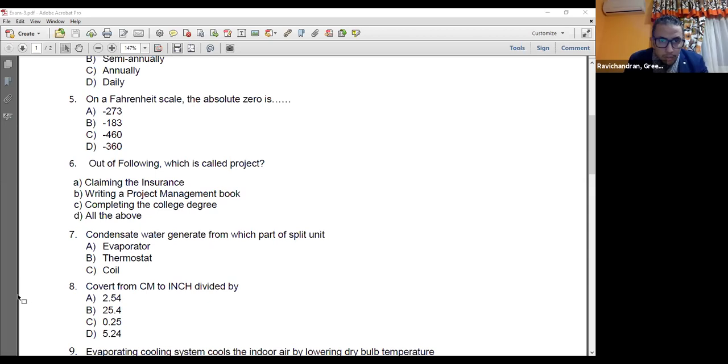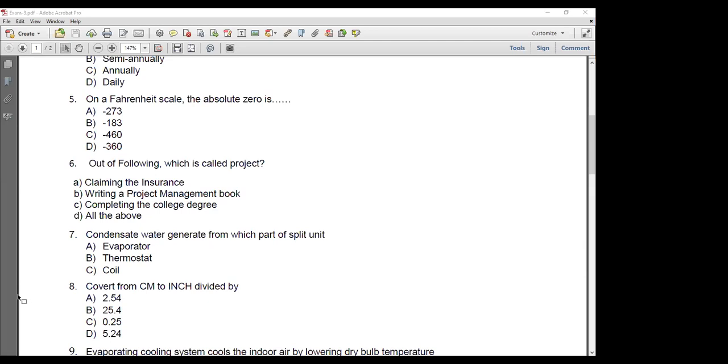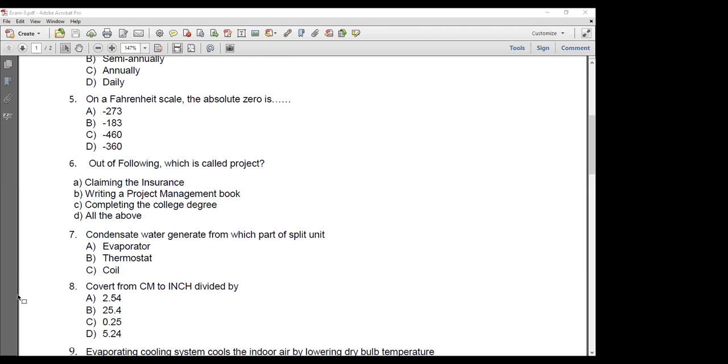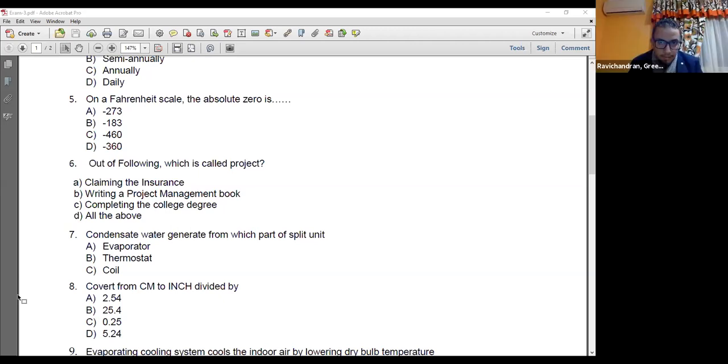This is Fahrenheit, and we'll put Kelvin here. On the Fahrenheit scale, absolute zero is negative 460 Fahrenheit. Yes, exactly. If you put 0 Kelvin, you will get negative 460 Fahrenheit, more precisely 459.4. At zero, Kelvin is the same as Rankine.